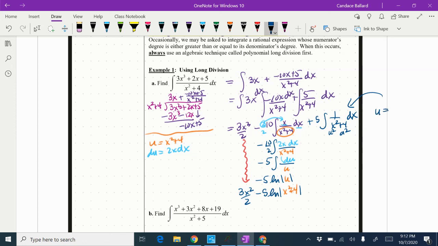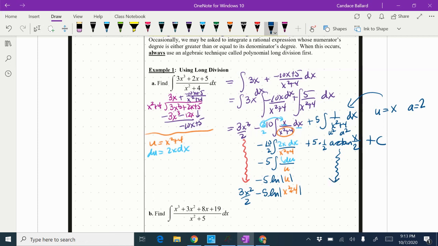So u is equal to x and a is equal to 2, which means I don't really have any goofiness going on, so it's just a pretty straightforward arctangent. So we know arctangent when I integrate it is 5 times 1 over a, so 1/2, and then arctangent of u, which is x, over a, which is 2, and then of course our plus c.